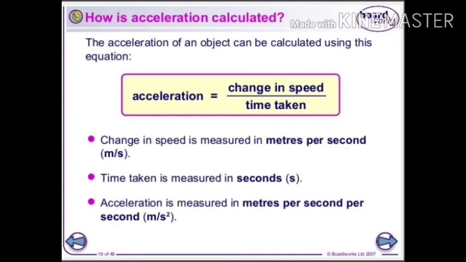The acceleration can be calculated by the equation: acceleration is equal to change in speed or velocity by time taken. Speed is measured in meter per second, time is measured in seconds, so acceleration is measured in meter per second square.